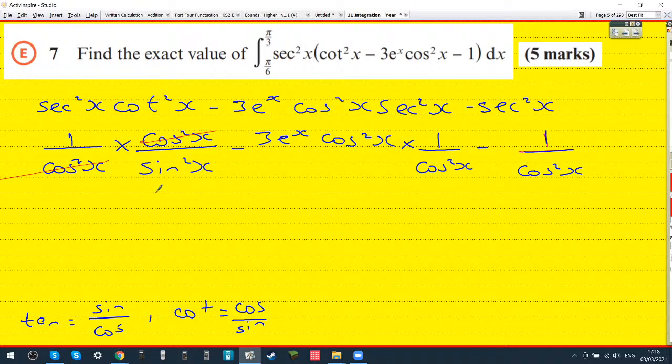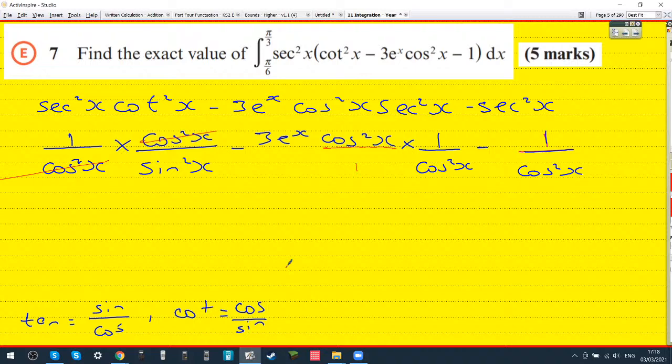Okay, anything you can simplify in the next one? No. That's the same thing.